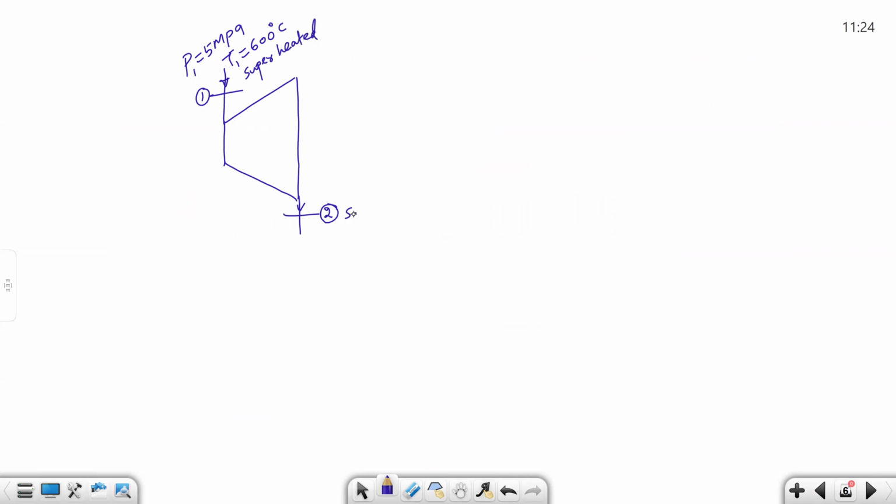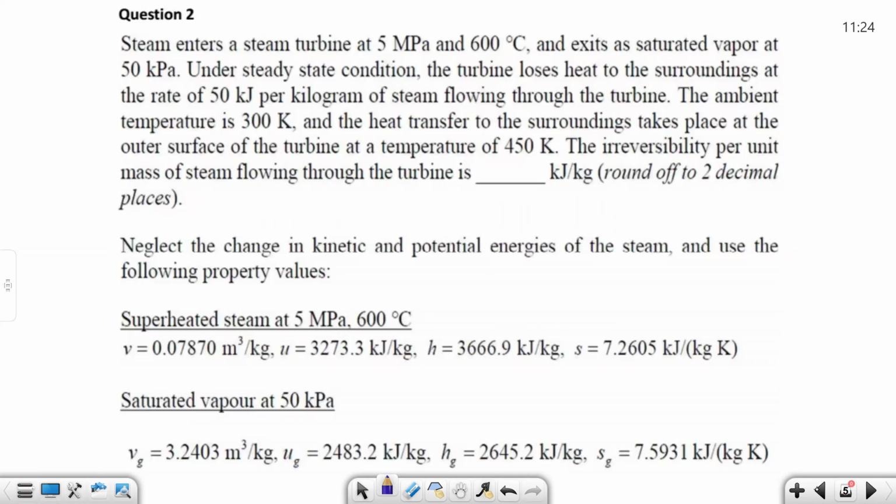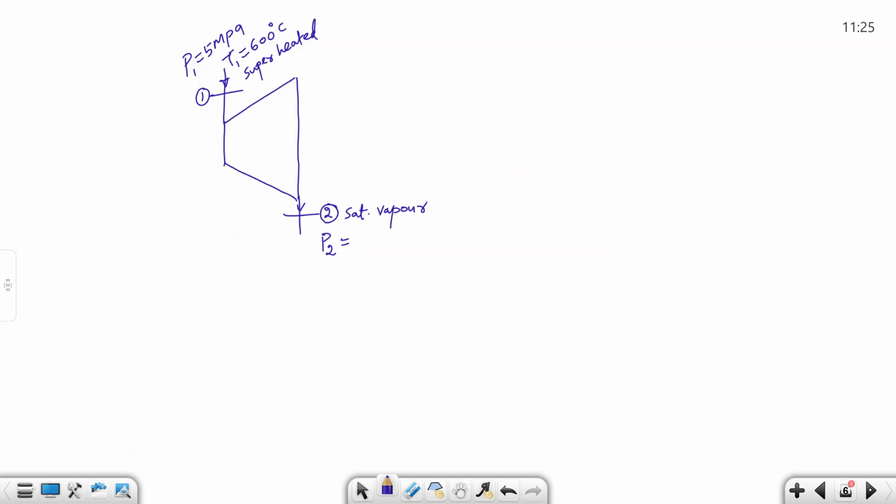Exit will be saturated vapor. So the pressure at 2 is 50 kPa. So the turbine gives you work output.